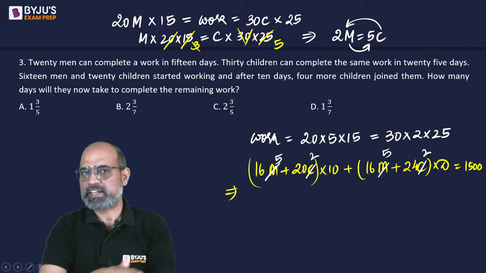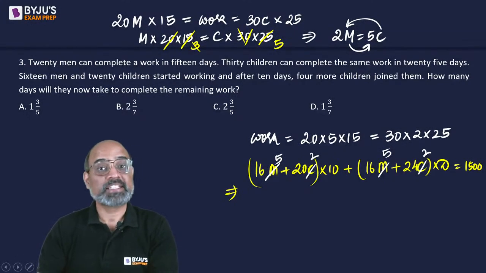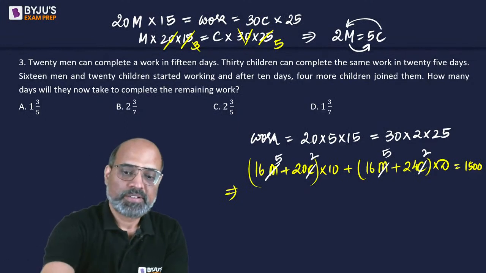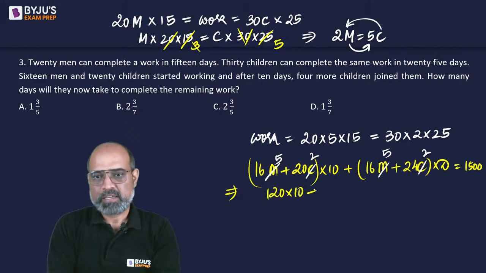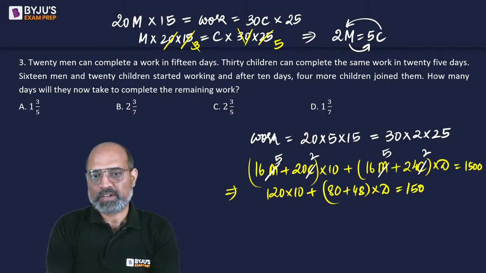You will realize that everything over here is numerical except for the variable D, right? So this is 80 plus 40, 120 into 10, plus 16 into 5 is another 80, and 24 into 2 is 48. Into D, that gives us 1500.